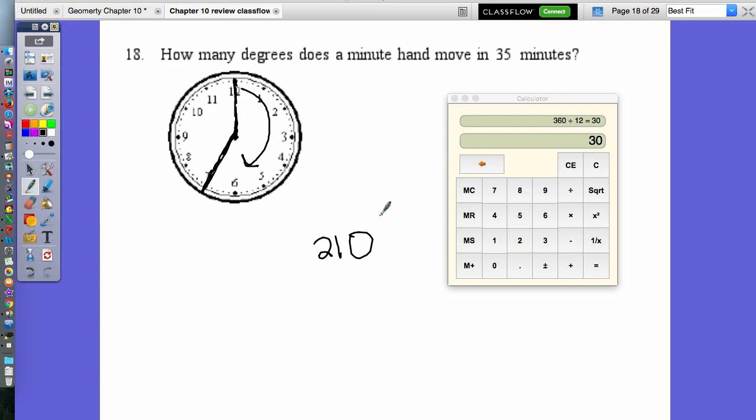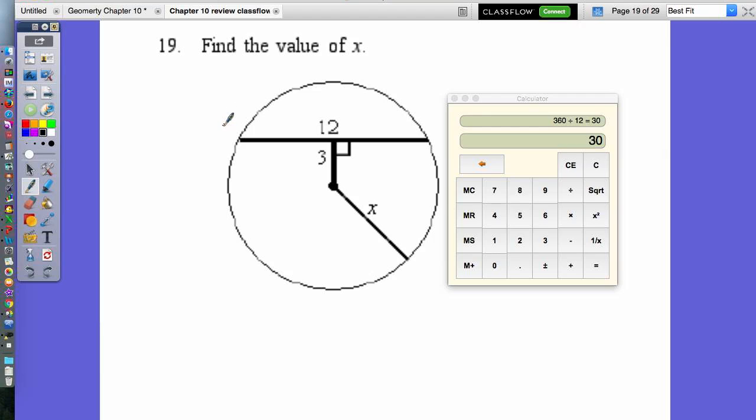is 210. Find the value of x. This is a right angle. So I can make a line there. That's going to be a radius. That's also going to be a hypotenuse of this triangle. So if this entire length is 12, since it's intersecting it at a right angle, it's bisecting it.